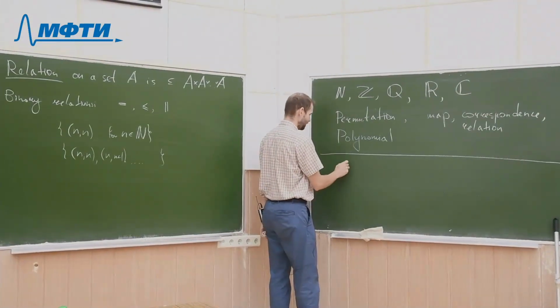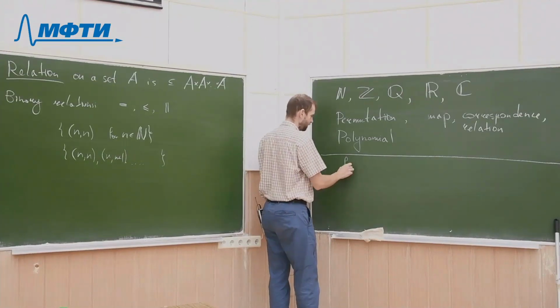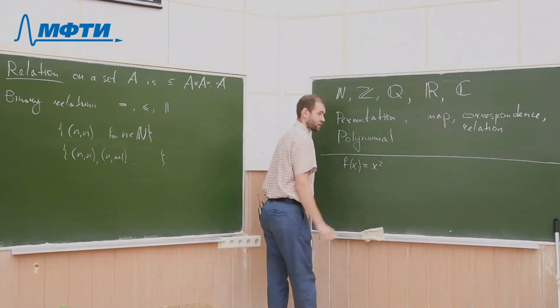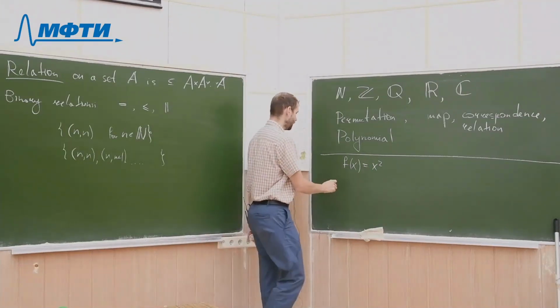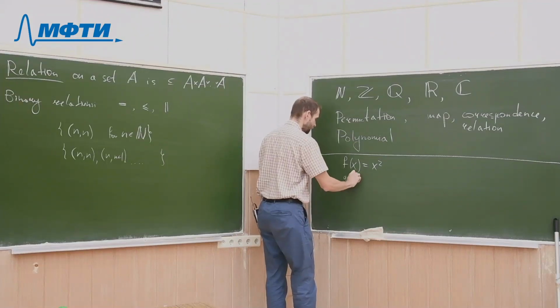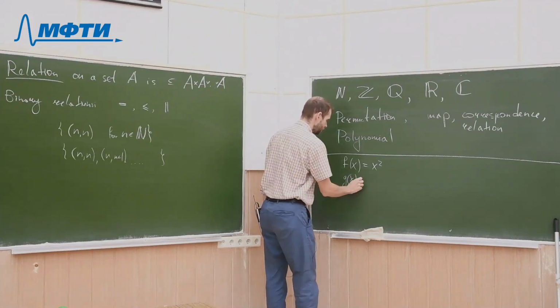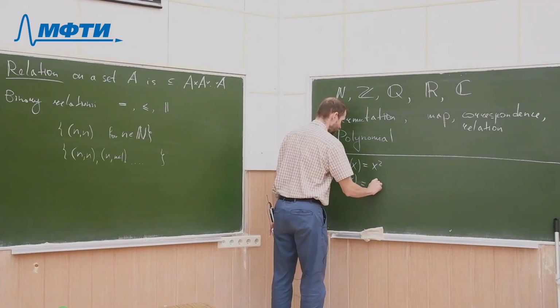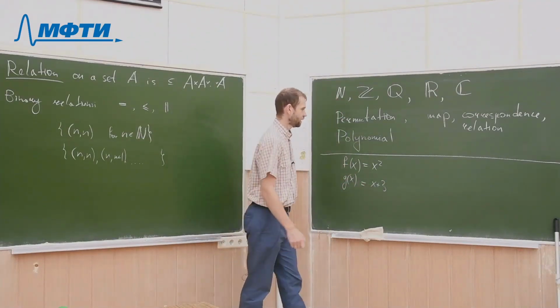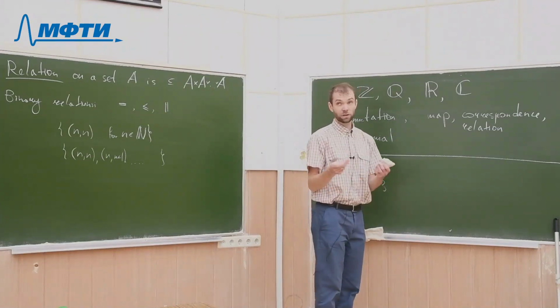Let's take two functions: f of x, which is just squaring, and the other function, say g of x, which is x plus 3. Okay, so we have two functions. What is their composition?